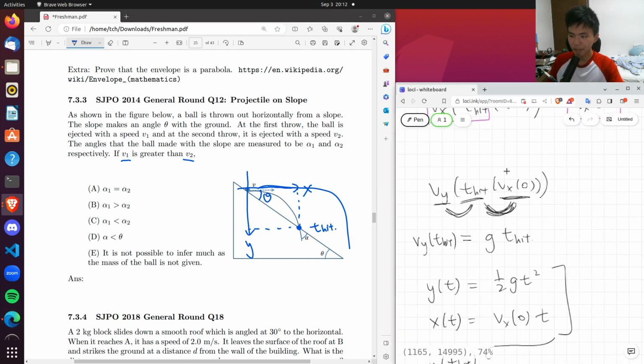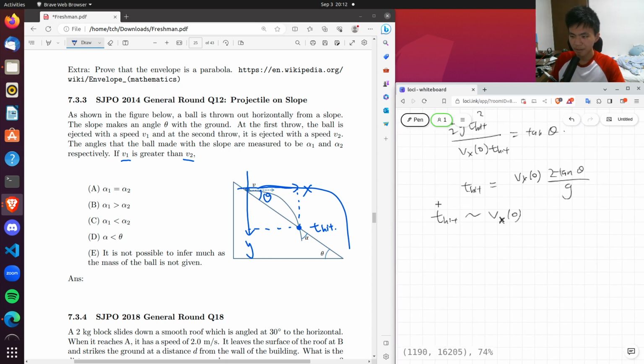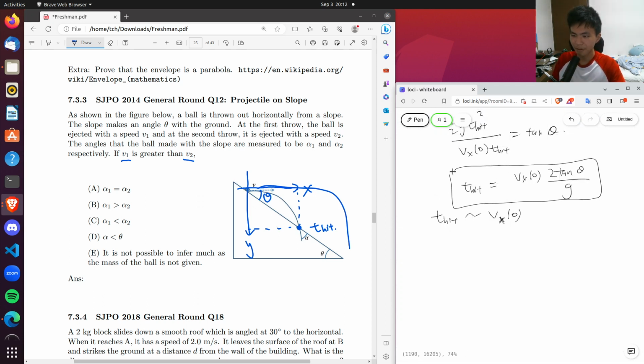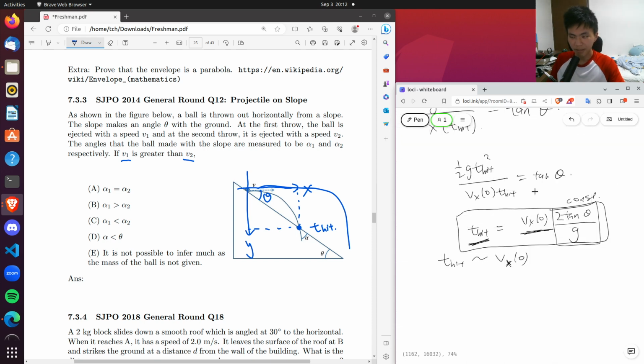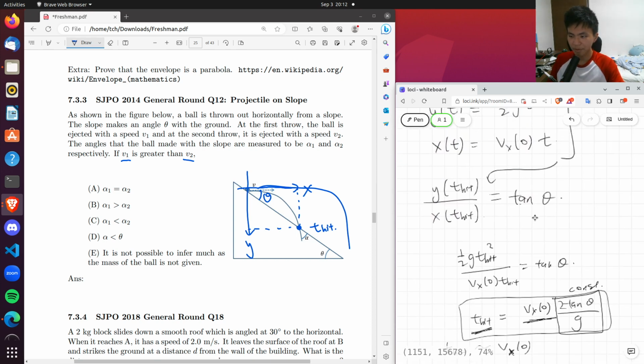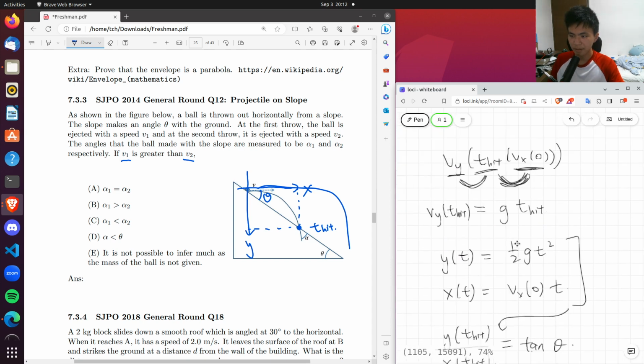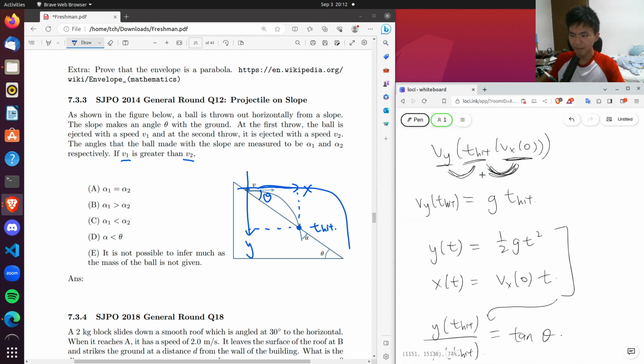But now we have derived a precise relation of how the time of flight depends on the horizontal velocity, and we know that it's linear because the rest of the quantities over here are just constants. So t hit is linear with respect to vx naught, and we know that vy is linear with respect to t hit. So that tells us that vy is linear with respect to vx naught.